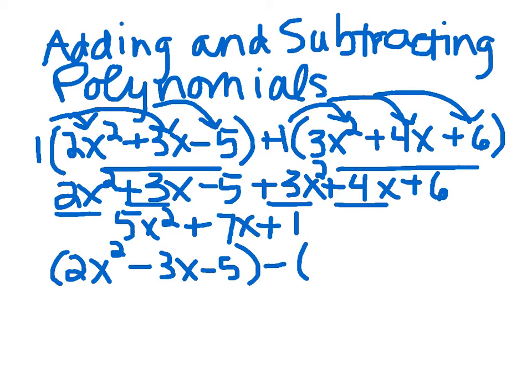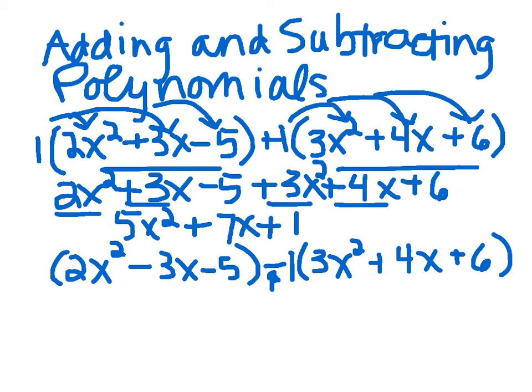I've got subtract. And this is connected to something that has been tricky for some of you earlier this year. And that is if I have grouping symbols, parentheses, with no number to distribute on the outside, and this sign is a negative or a minus sign.